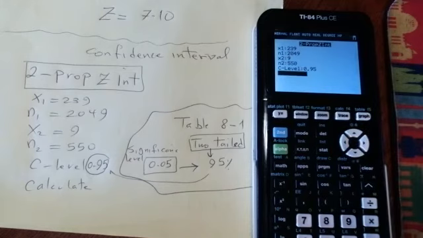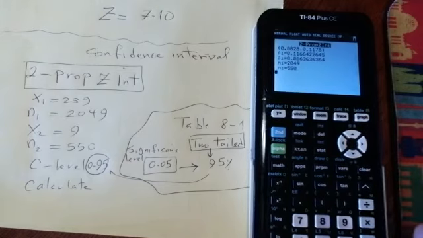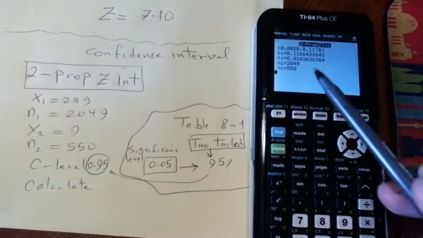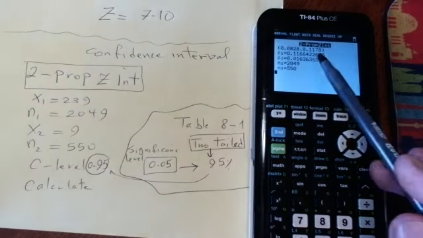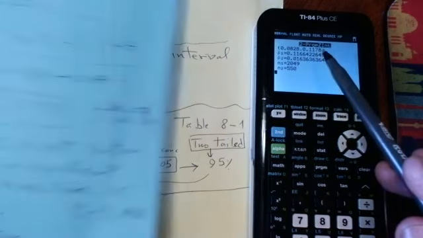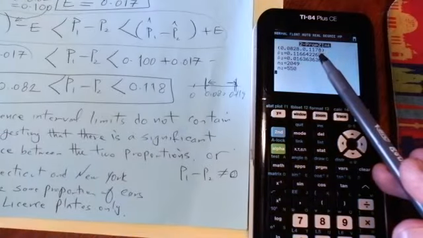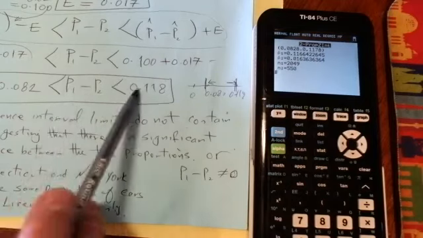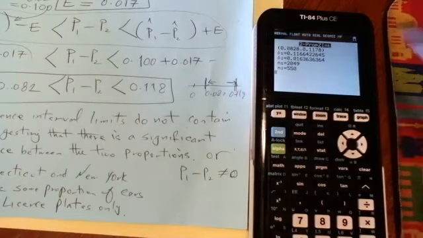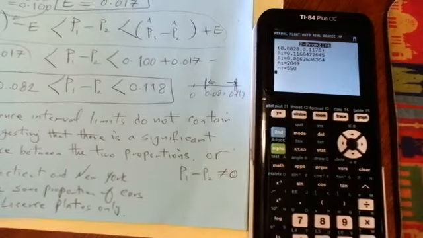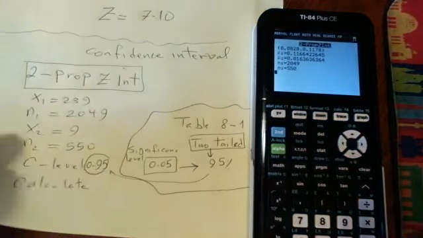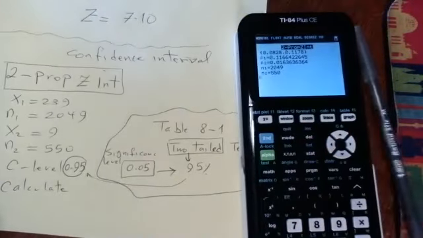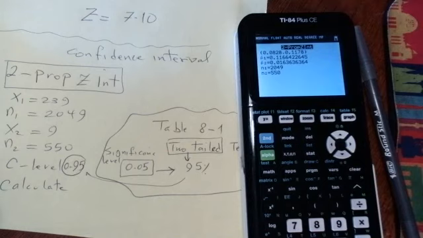And then you calculate. That gives you the numbers 0.082 and 0.118. You find it from here. Okay? So that's the end of section 9.1.